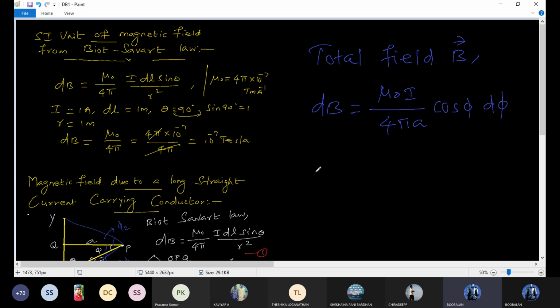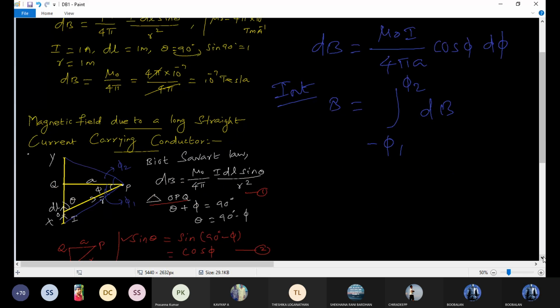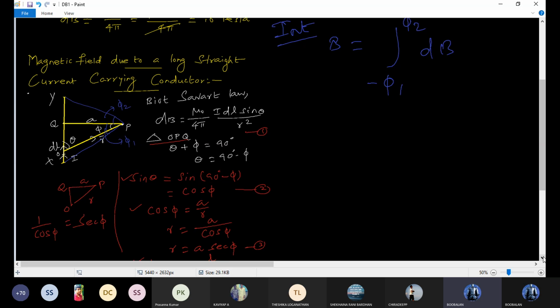So in this equation, now I'm doing the integration. First step differentiation, next step integration, with the limits: B equals the integral with lower limit minus phi 1 and upper limit phi 2 of dB.